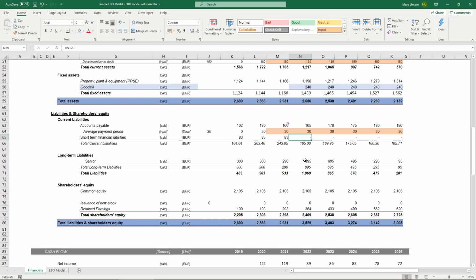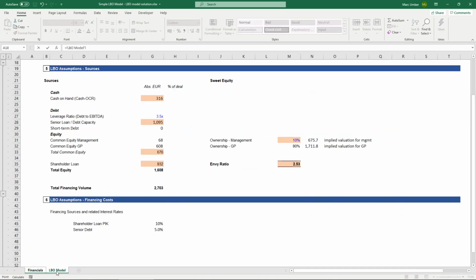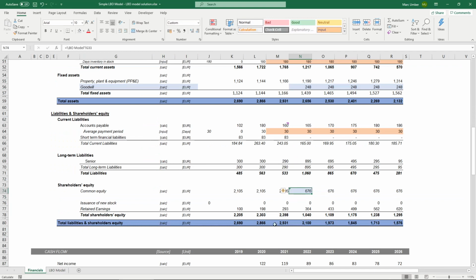And now we introduce a new form of equity. We refinance the entire company. So all the existing common equity is reset to the new common equity that is now held by the management and the general partner, which is 676, and we introduce the shareholder loan.